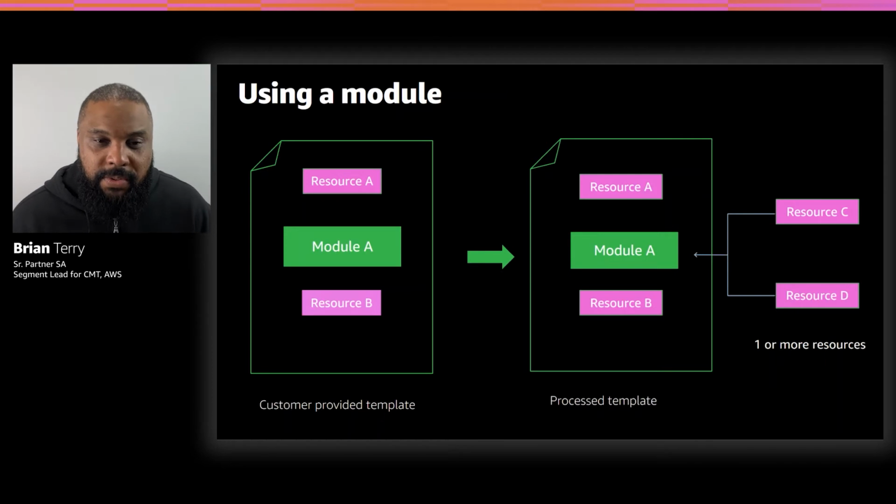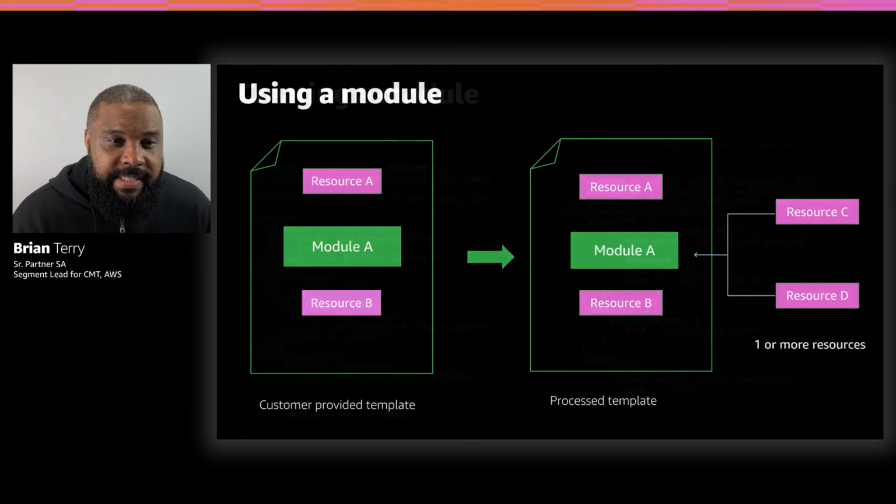You can create modules that follow the best practices of deploying your product on AWS, and you can give this to your end user customer, and they can just use this as a module. Say, for instance, if your product takes advantage of any of our resources like load balancers or SQS queues or Kinesis, you can combine that into one reusable module that customers can use to provision when they're creating their CloudFormation template, saving them a lot of time and effort in deploying your solution on AWS.